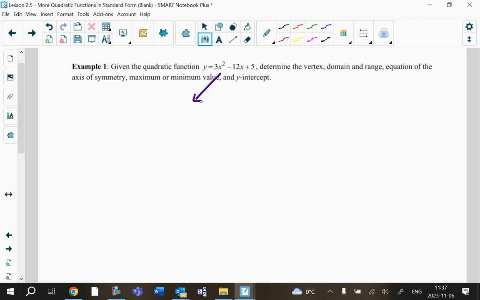We could either complete the square, or we could use that formula to find the X vertex and then plug it in to find Y. In this case, this method would be quicker.